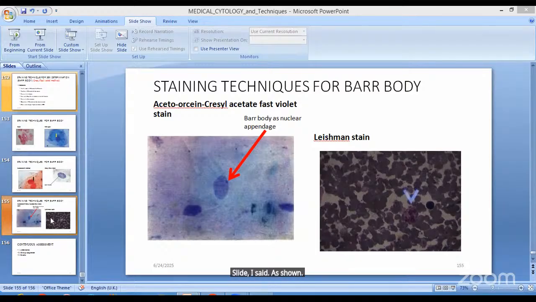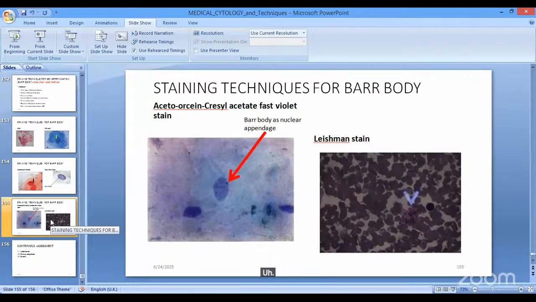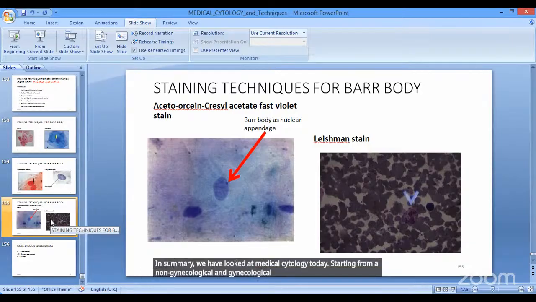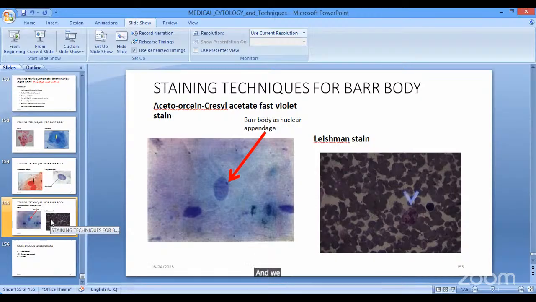So, in summary, we have looked at medical cytology today, starting from non-gynecological and gynecological smears, cervix, vagina, and we went to the other samples you can use: urine, respiratory specimens, effusions, all types of specimen, and I distinguished transudates and exudates.